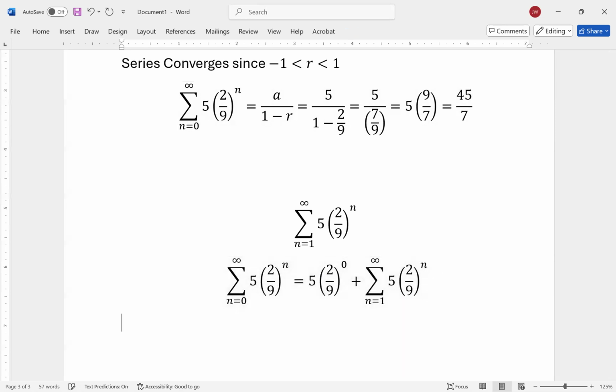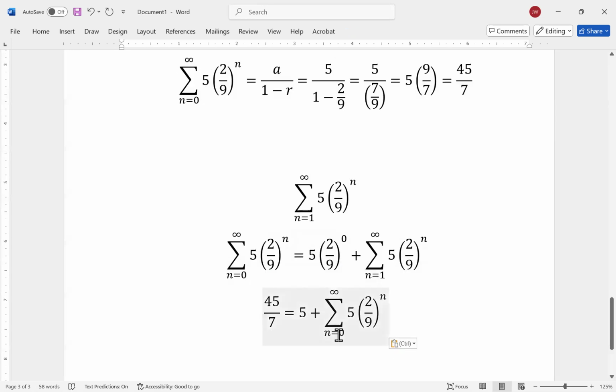In other words, the left-hand side of this equation I know is 45 over 7. I know 45 over 7 is equal to 5 times 2/9 to the 0, which is just 5, plus my summation starting my count at 1.